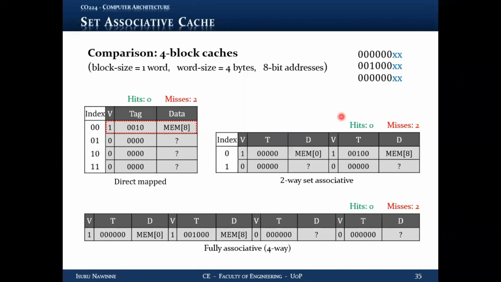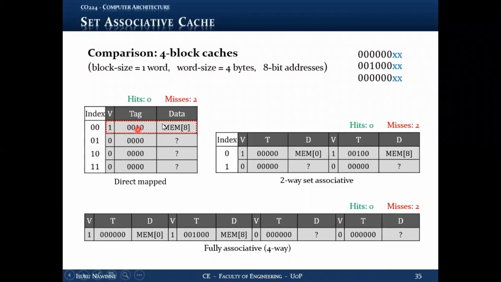Note that after the previous address, the missing block, we had misses in all three, and the missing block is brought into the cache. In the direct mapped cache, we updated with the data from block address 8 from the memory, right? Block address 8 from memory, and the corresponding tag is 0010.